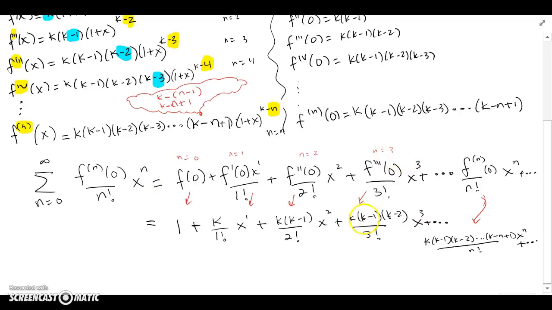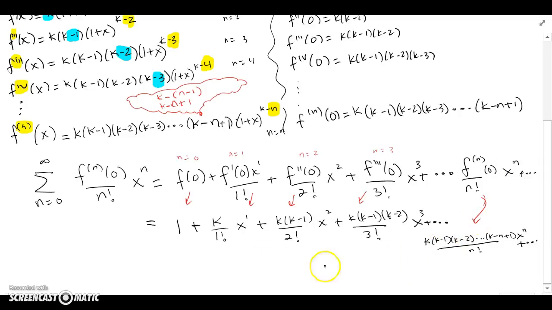In the numerator, you have 3 items being multiplied. So the first one is always 1, for x to the 1, 1 item, 2 items for the product, for the third one, 3 items for the product, for the fourth, 4 items in the product. And for the nth one, you have n items in the numerator for the product.